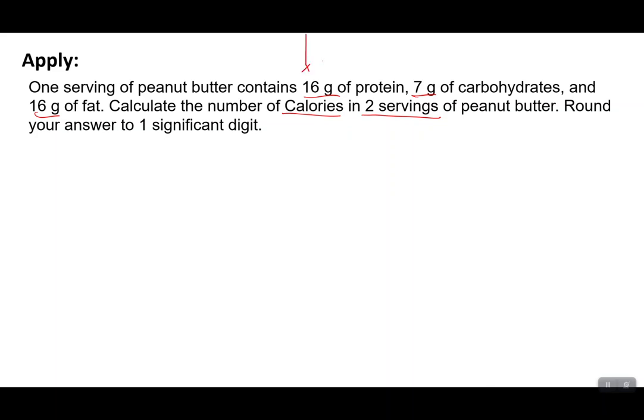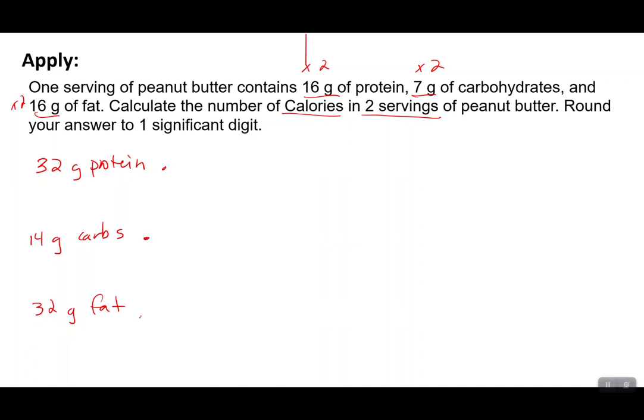So I have to multiply each one of these by 2. And then the rest is the same. So now instead of consuming 16 grams of protein in 1 serving, since I'm consuming 2 servings, that makes it 32 grams of protein. I will be consuming 14 grams of carbs and 32 grams of fat.